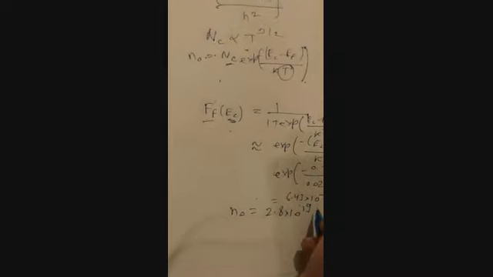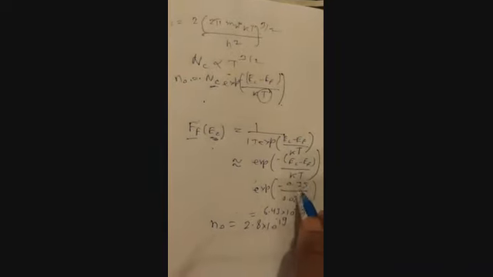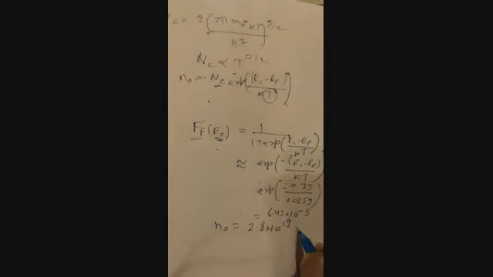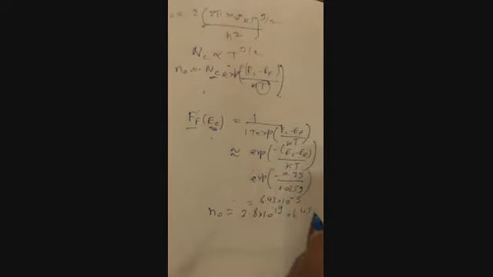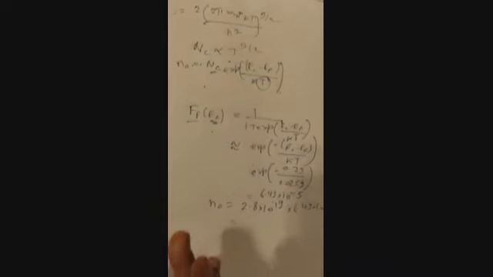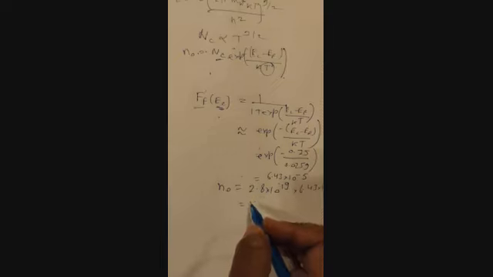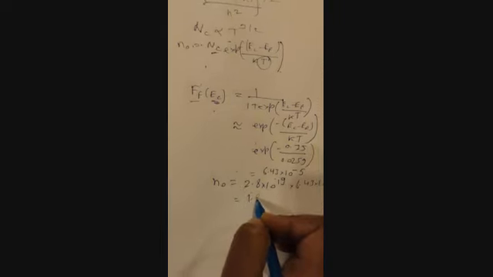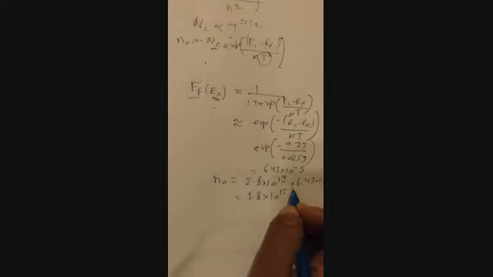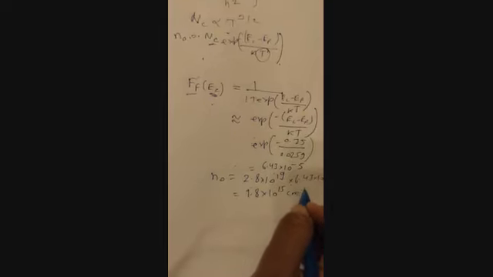Multiplying by 6.43 into 10 to the power minus 5, I get the result 1.8 into 10 to the power 15 per centimeter cubic.